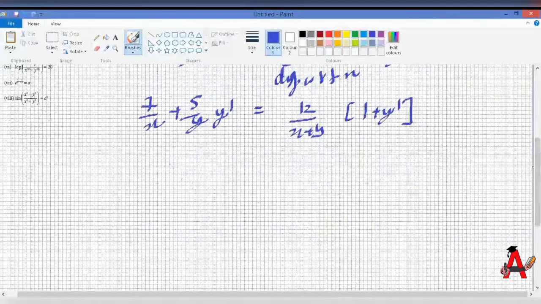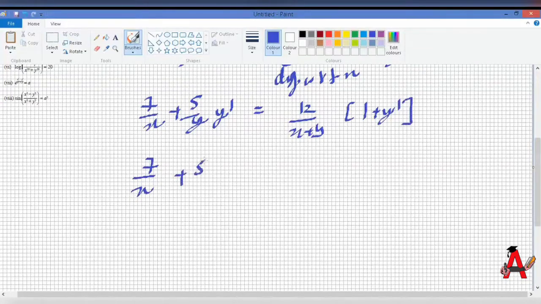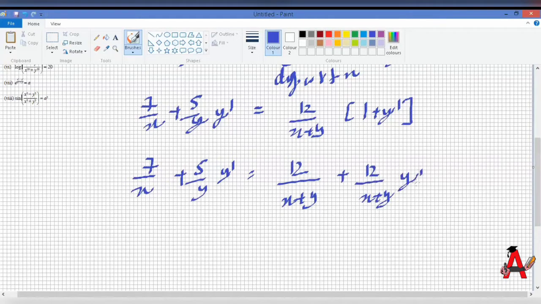This is how. Now we need to separate it further. This will become 7 upon x plus 5 upon y into y dash is equal to 12 upon (x plus y) plus 12 upon (x plus y) into y dash.